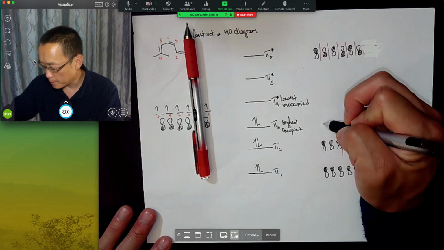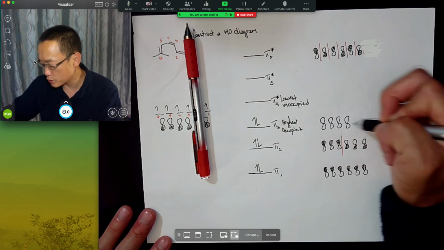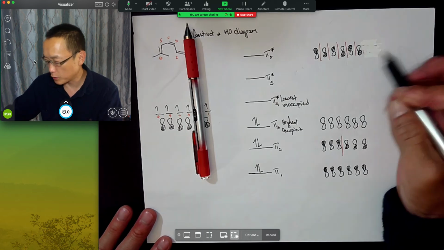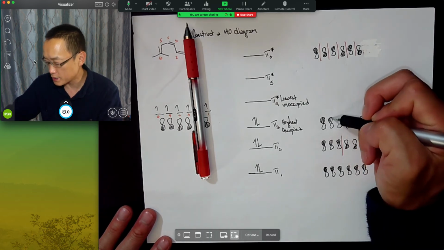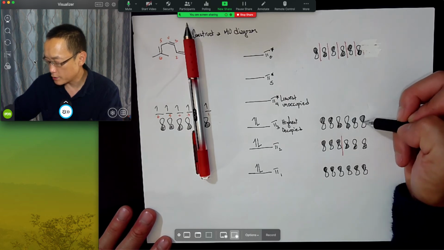We now are responsible for putting 2 nodes into the next molecular orbital, the next highest energy one. So there's a good way to add 2 nodes.